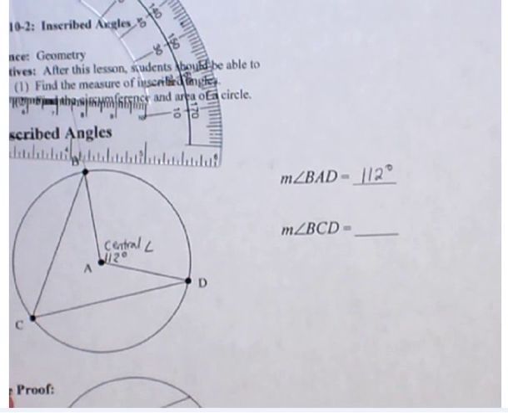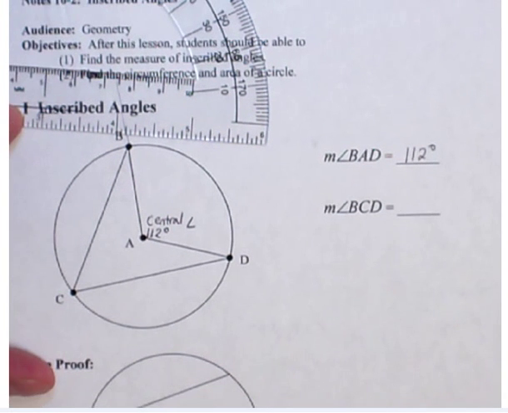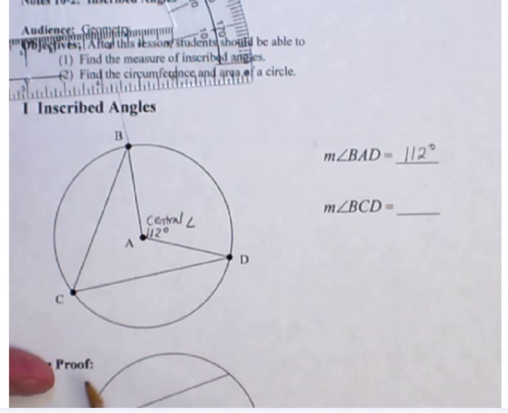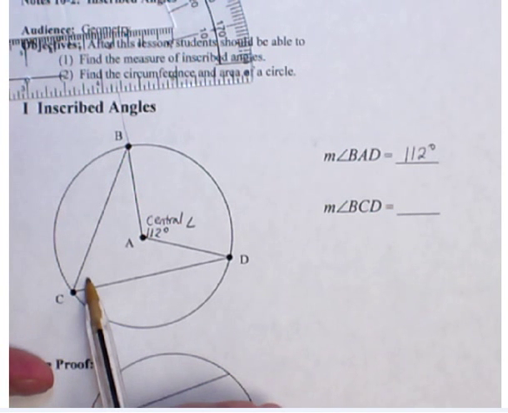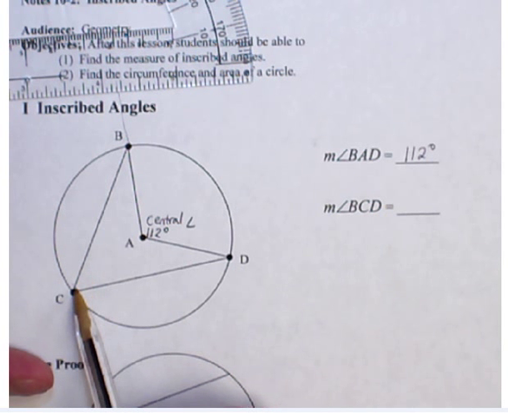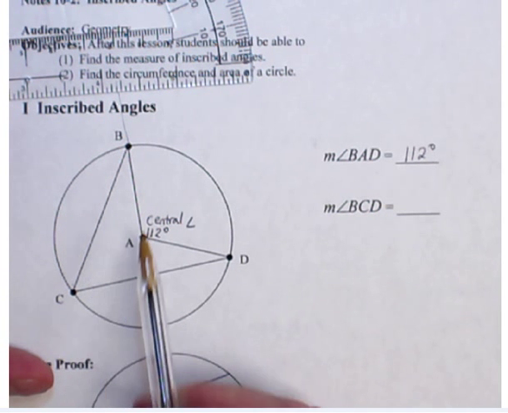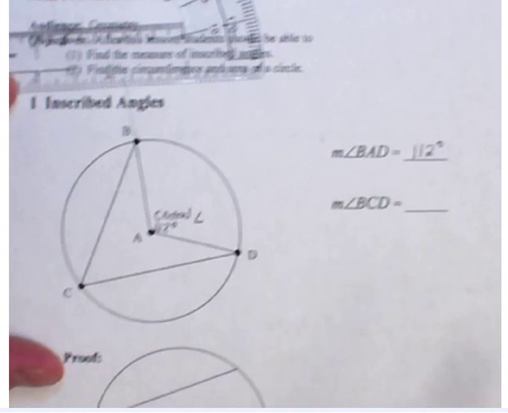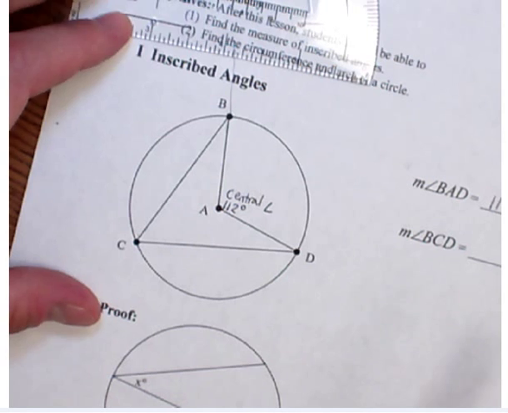Now the second angle we want to measure is angle BCD. If you had to take a guess, what do you think the relationship will be between this angle measure, BCD, and angle BAD? You can just guess in your head, and let's see what happens. So let's measure this.